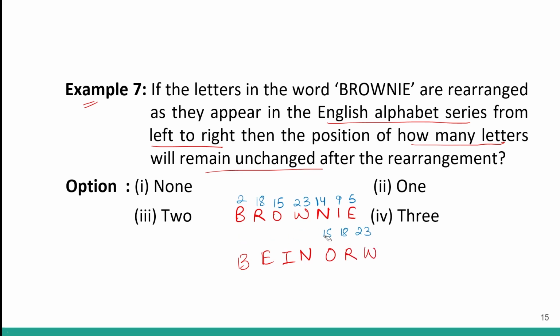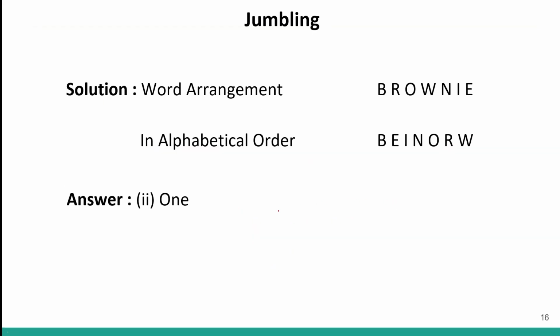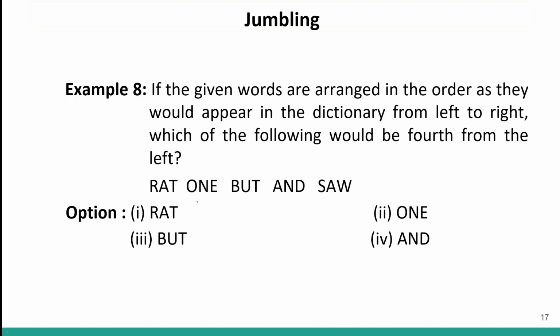And we have to find out the position of how many letters are not changed. So if you look at this, I can see that position of B has not changed and the rest of it has changed. So only for B, that is option number 2, 1, it has remained unchanged. So answer will be over here, you can see it will be option number 2, which is 1.